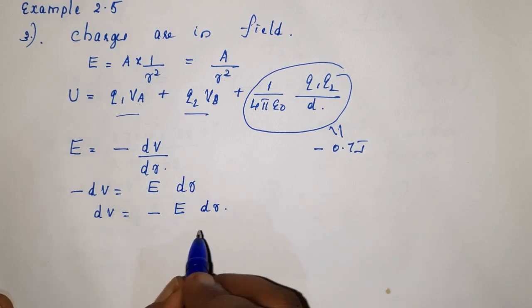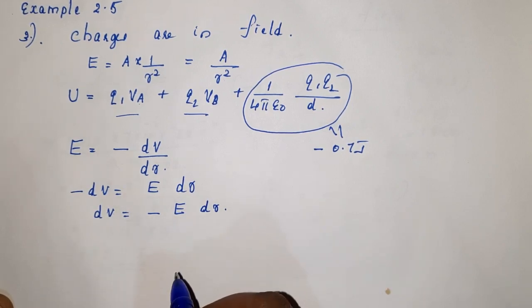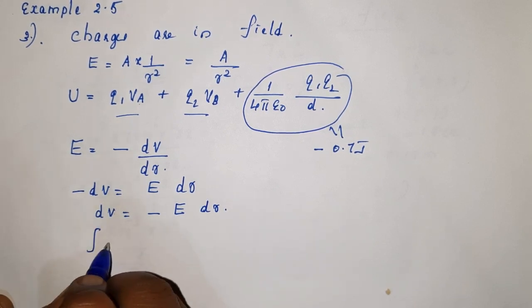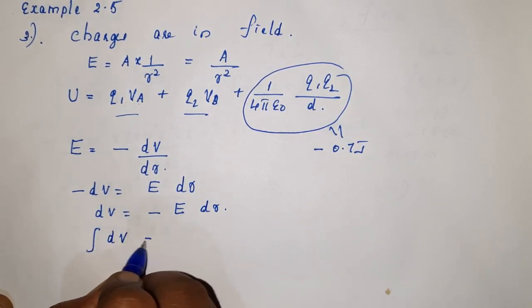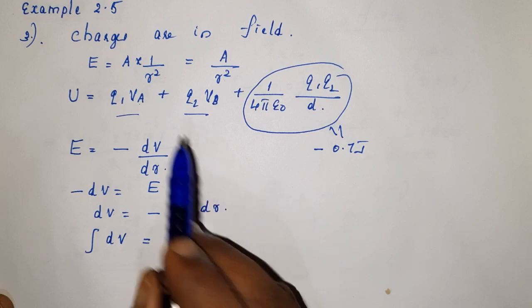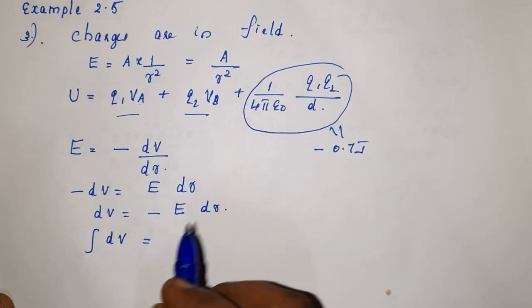So how will you get V from this equation? By integrating. So integrating dV, there is no need of putting limits, because we are just finding that equation. Then we need to substitute that r, that's all.